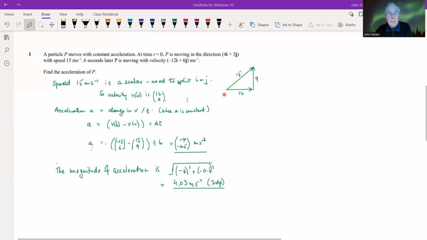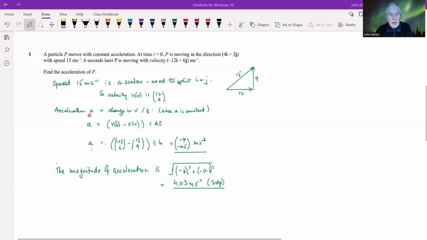So that's a fairly straightforward use of a 3, 4, 5 triangle. So that is the velocity. I've denoted it by v(0). That's a bit of notation that we introduced back with the SUVAT equations.